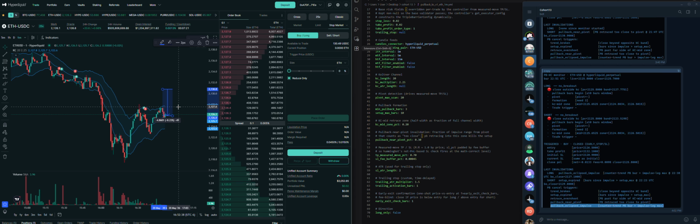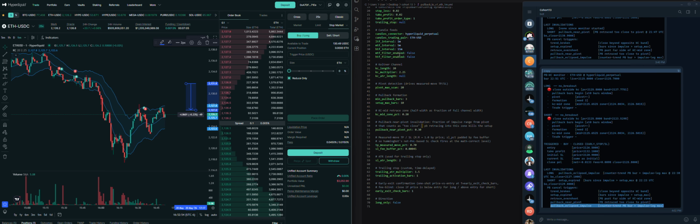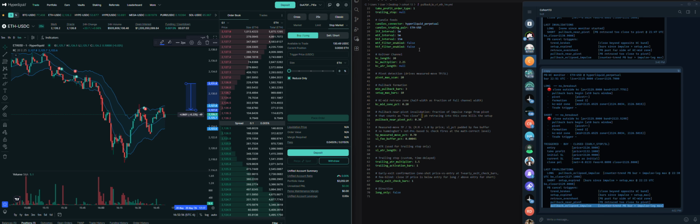Right now, this is just running on the 1 minute, using only that signal, but it is configurable to add that in. You can see those are just disabled because they're set to false.